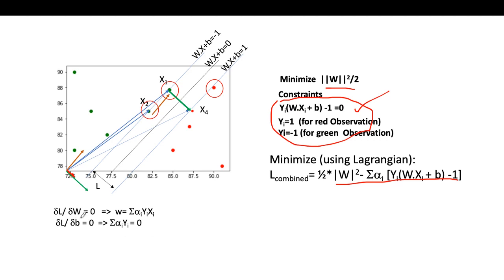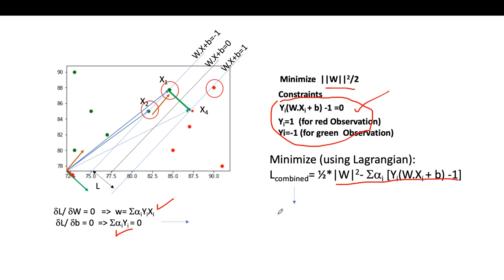Okay, now how do we do the minimization? We find the extreme points by taking del L del W and del L del B separately, which gives us two more equations, that is summation of alpha i yi xi is 0, and if you do the partial derivative with respect to B, you would get summation of alpha i yi equals 0.